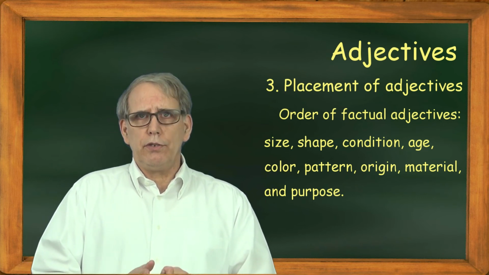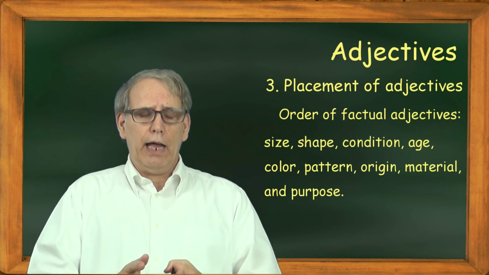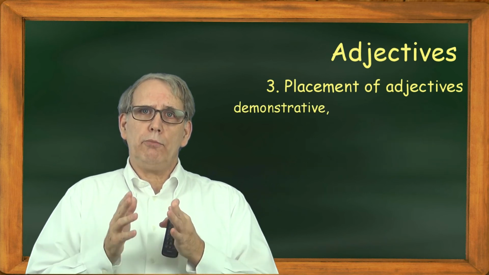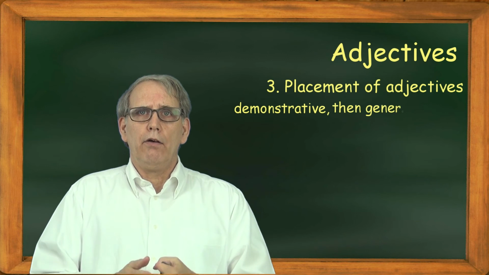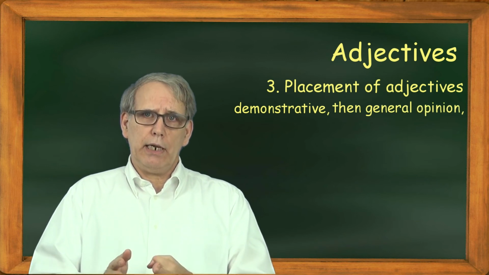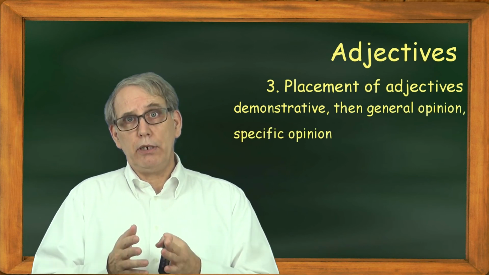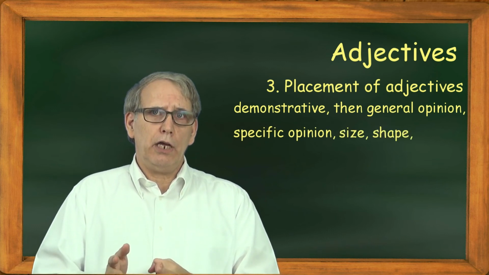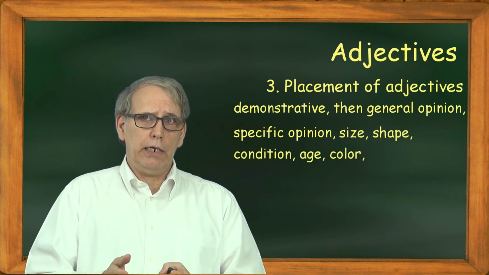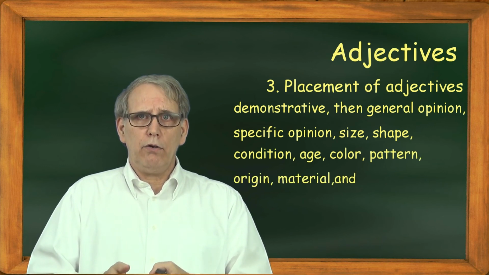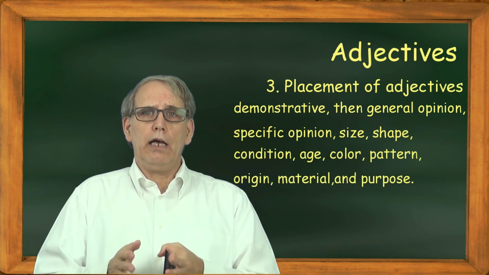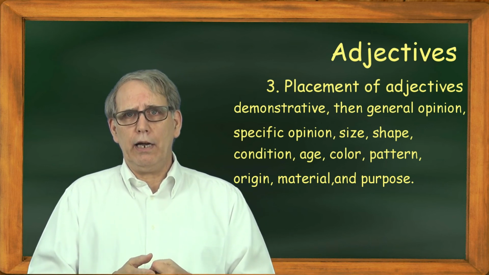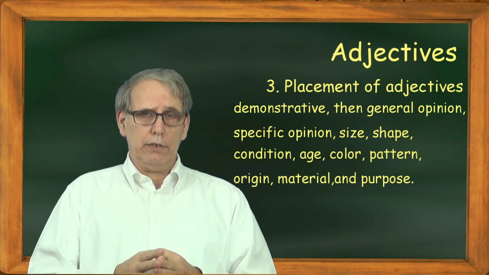If you were to use every type of adjective in one sentence, you would first place the demonstrative adjective, followed by general opinion adjective, specific opinion adjective, then adjectives for size, shape, condition, age, color, pattern, origin, material, and finally purpose. But like I said, it's very unusual to have that many adjectives in one sentence.